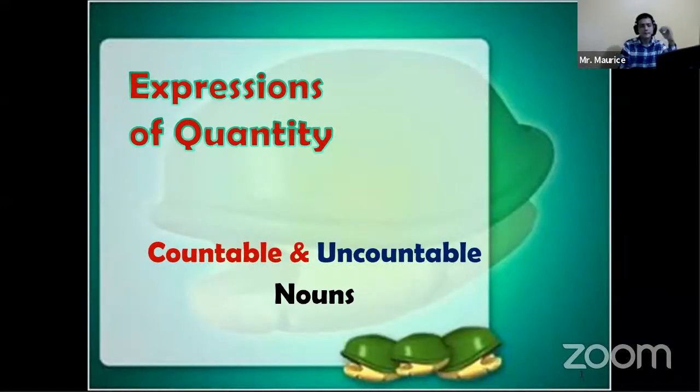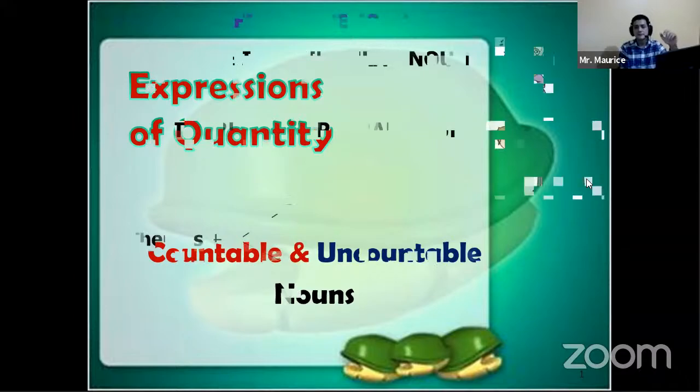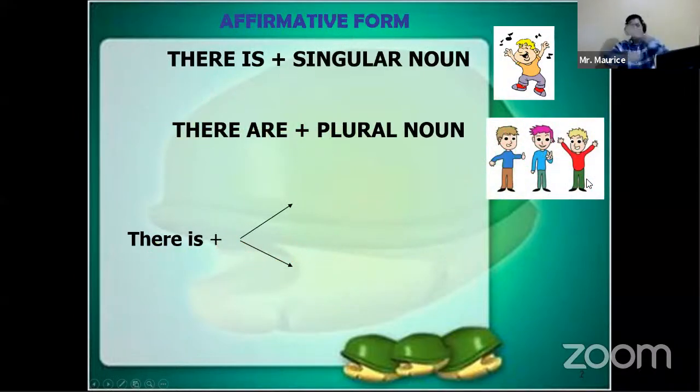Cool. Now we have the expressions of quantity for the countable and uncountable nouns. Look. For the countable nouns, singular and plural, it's very important that you guys understand. Countable nouns have a singular and also a plural form. For example, we can say, there is a boy. Boy is a noun and is countable.